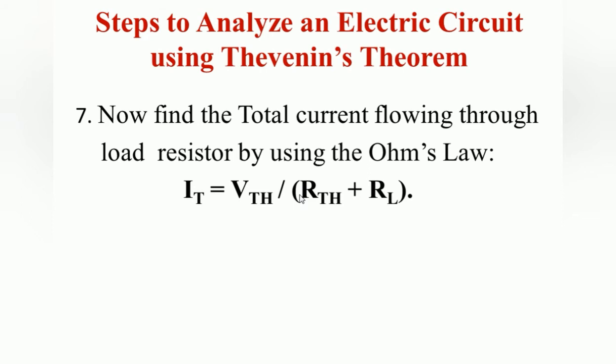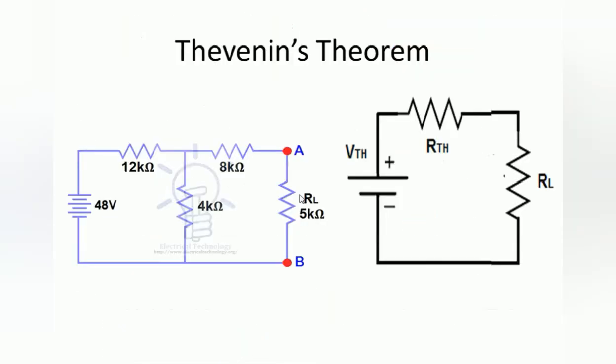So what are the steps we want to follow? For this network, we want to find the Thevenin's equivalent circuit. Initially we remove the load resistance. After that, across the open circuit terminals, we calculate the VTH value. For calculating RTH, remove the load resistance and short circuit the voltage source. If there is any current source in the network, we open that current source.